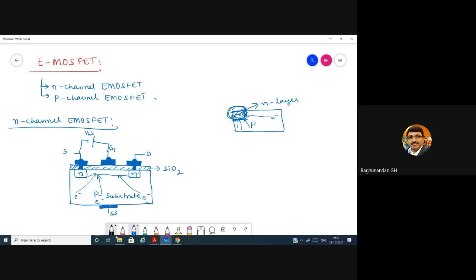It creates a positive electric field, and all the electrons start getting segregated here. Because of that, finally they are going to form an N layer.